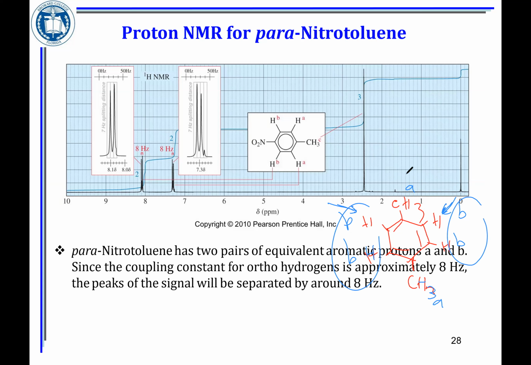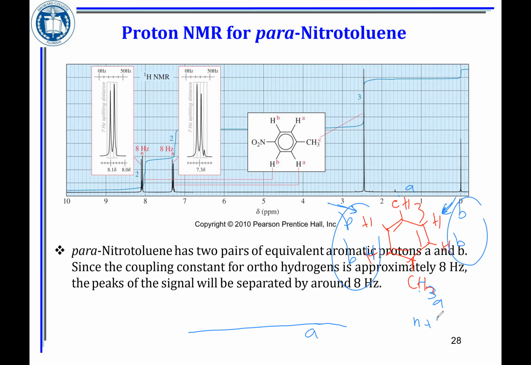Now, hydrogen A, what would be the splitting pattern for hydrogen A? A singlet, doublet, triplet. For hydrogen A, what is the value for N?